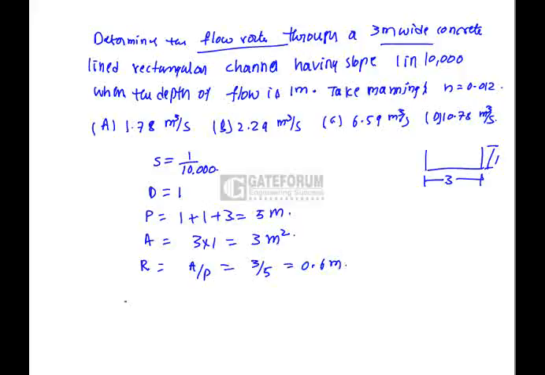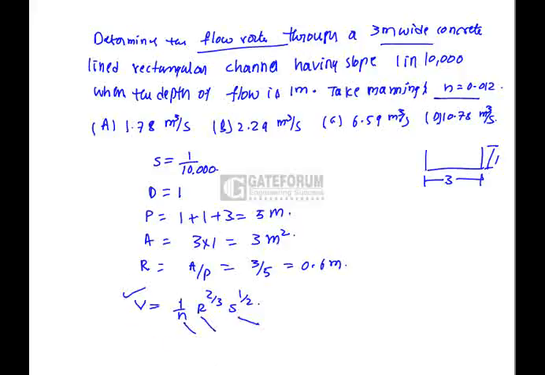Hydraulic radius R is equal to A by P, that is equal to 3 by 5, 0.6 meters. So by using Manning's roughness coefficient, velocity we can know as 1 by n R power 2/3 S to the power of half. We know S, we know R, we know n.